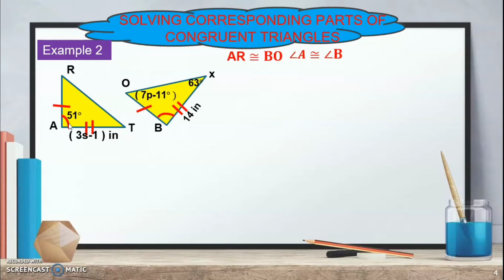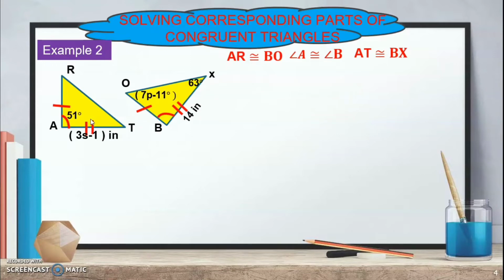Then angle A is congruent to angle B. Then side AT is congruent to side BX. This side, 3S minus 1, is congruent to 14 inches. Kung nakikita ninyo yung given, yung nakamark is the side, angle, and the side.